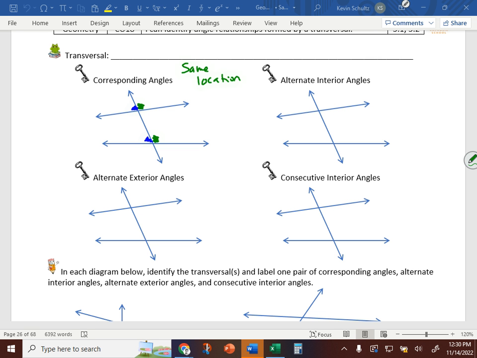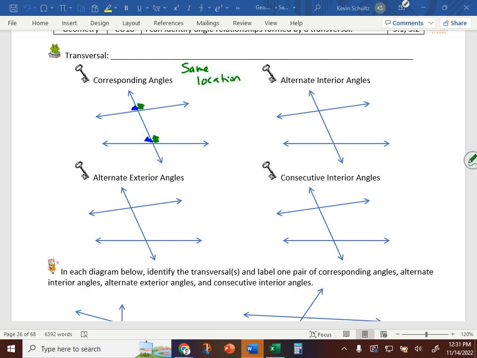Okay. Alternate interior angles. What does the word alternate mean or the word interior mean? Yeah. Interior is inside. Okay. Interior means inside, and the word alternate. Different inside angles. Different. Okay. Replace. In this case, it means opposite.